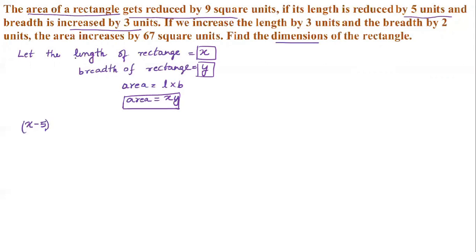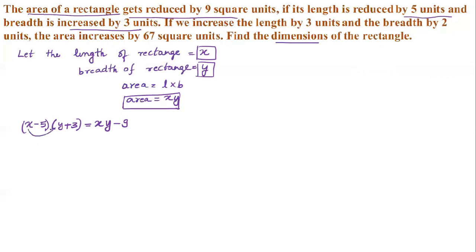So reduce the length by 5, so x minus 5, and increase the breadth by 3, so y plus 3. Then area becomes length into breadth, that is x minus 5 into y plus 3, that is equal to xy minus 9.